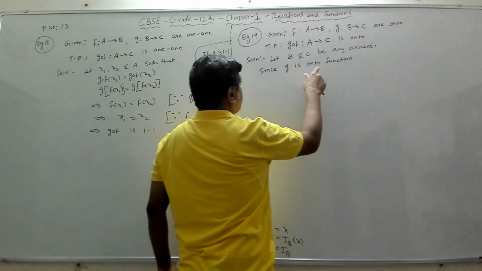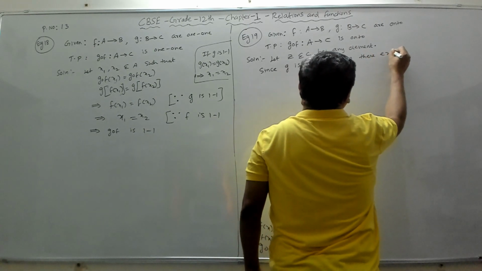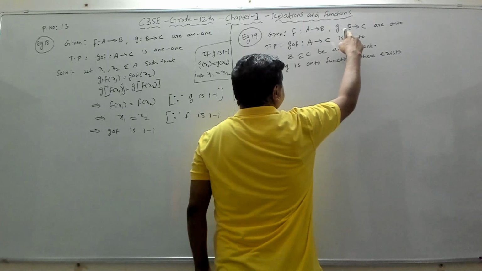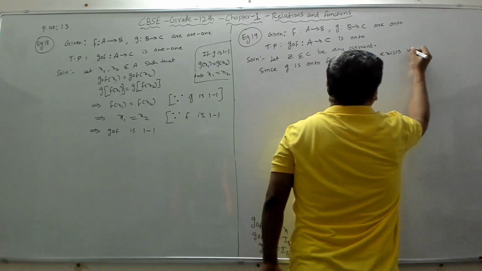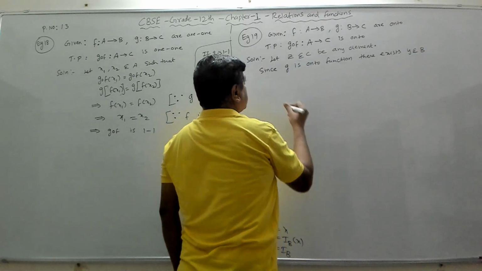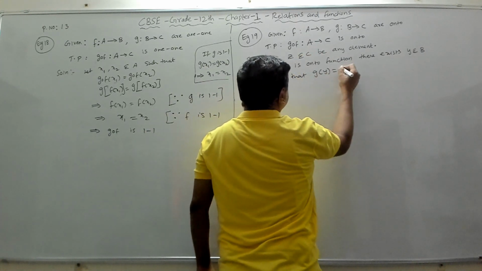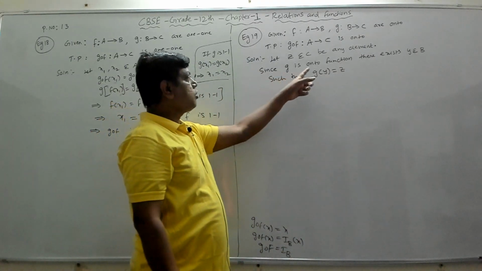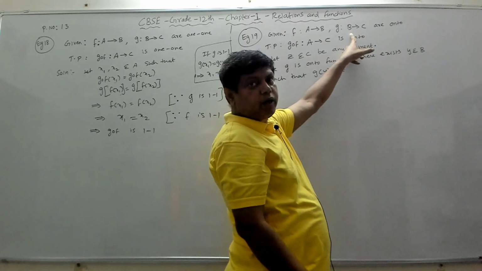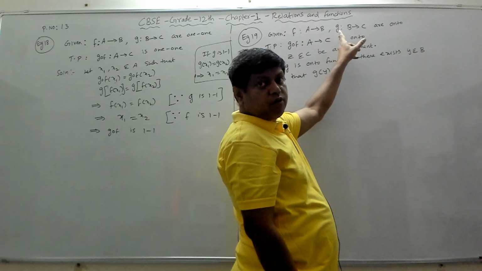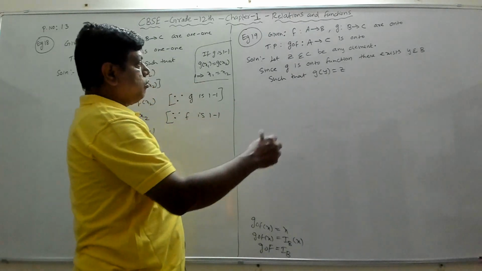So since G is an onto function, there exists an element here in this set B, there exists Y belonging to the set B such that G of Y will be equal to Z. I am calling the element that I am taking from B as Y, such that G of Y will be equal to Z, the element that we took from C, because G is onto.